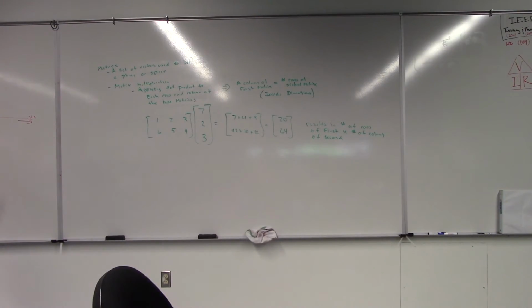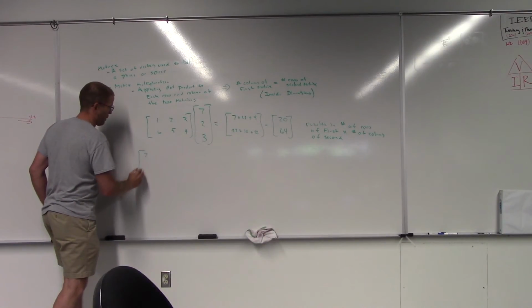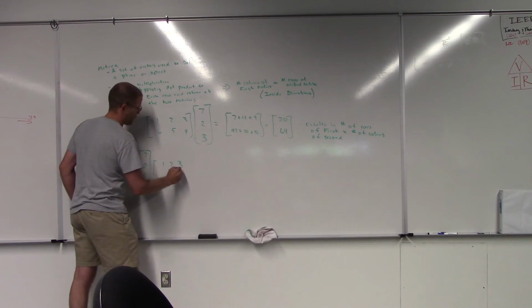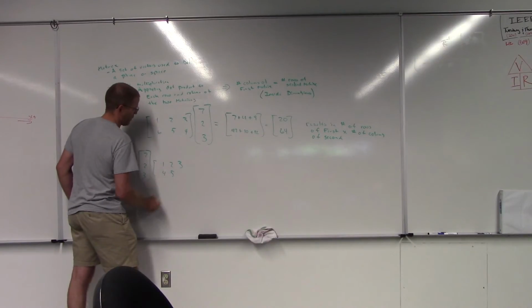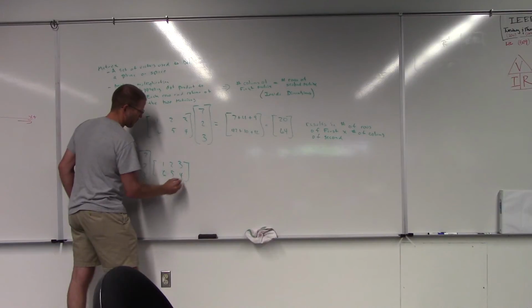What if we had changed these two around? What if we had tried to go through and say we want to take 7, 2, 3 times 1, 2, 3, 4, 5, 6, 5, 4.